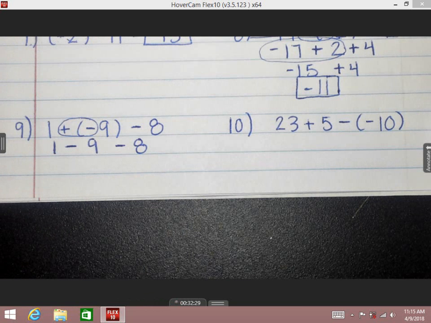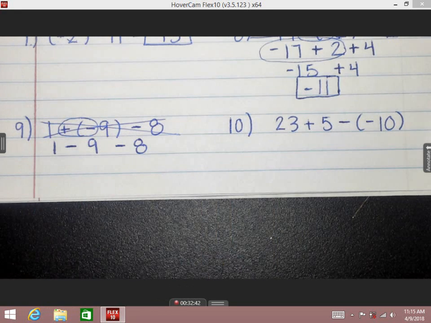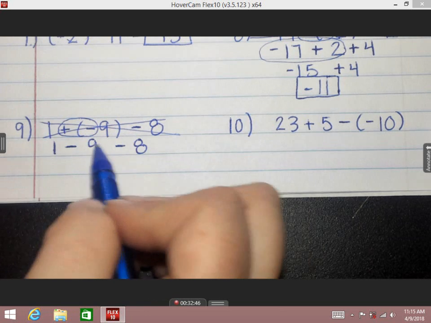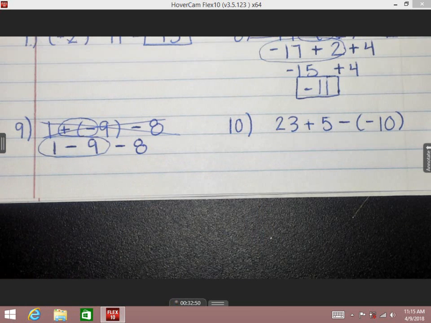All right. What am I going to do next? Order of operation. I'm going to start with those first two. 1 minus 9. All right. When I'm looking at these two numbers in that circle, 1 minus 9, do I have same signs or do I have different signs?